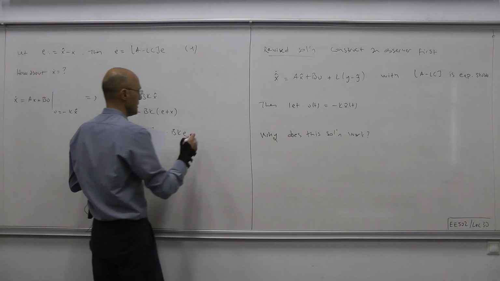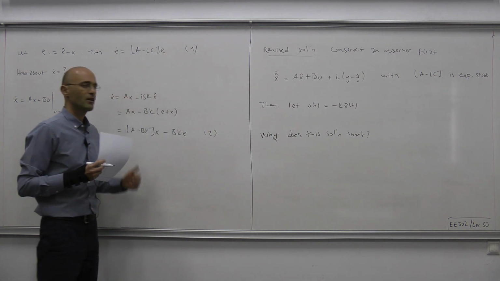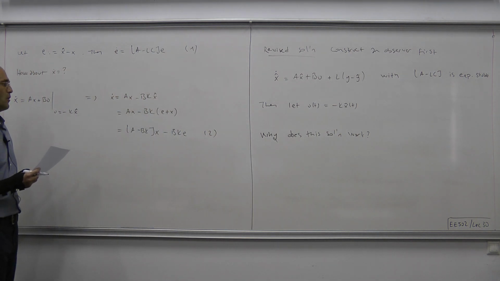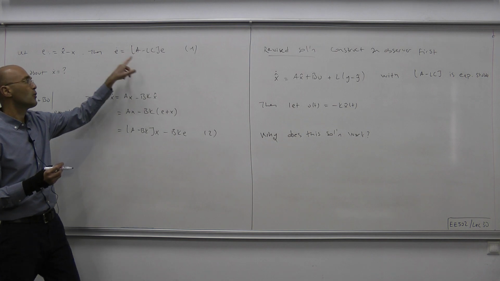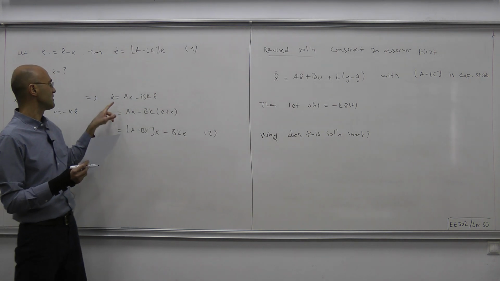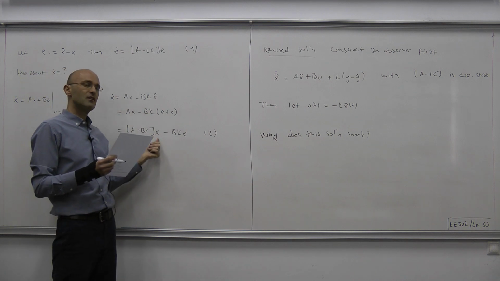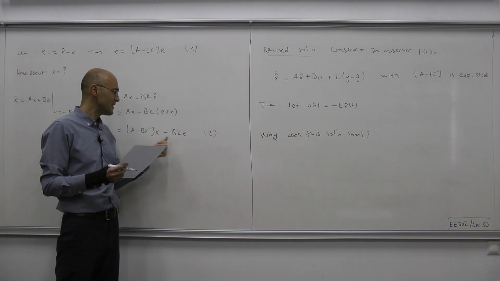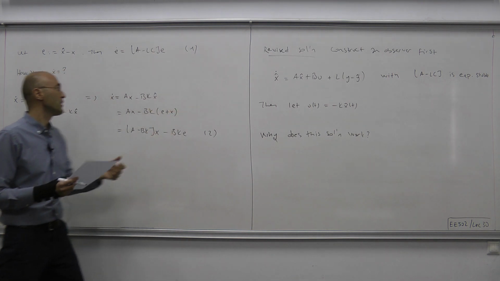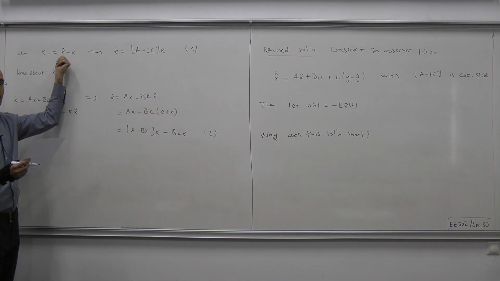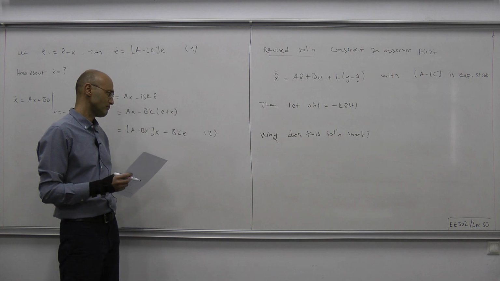Let's call this dynamics 2. So the error depends only on its own initial condition, but the dynamics of the actual state depends both on its own initial condition and the error initial condition, or equivalently the initial condition of the observer state x hat.